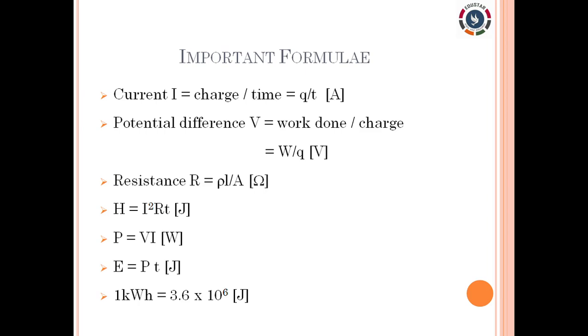Energy is measured in joules and can be calculated by the formula power into time taken. This is measured in terms of 1 kilowatt hour, which is the commercial unit of energy. It is equivalent to 3.6 into 10 to the power 6 joules.